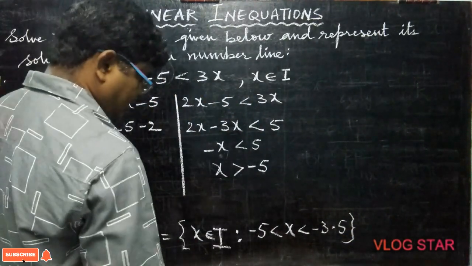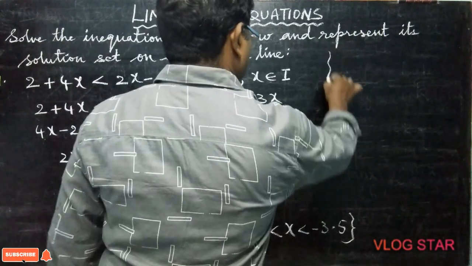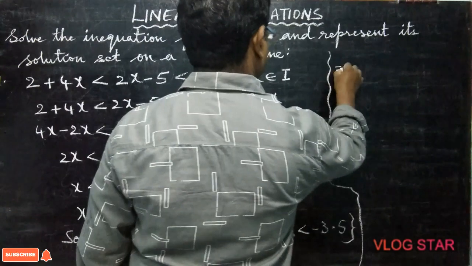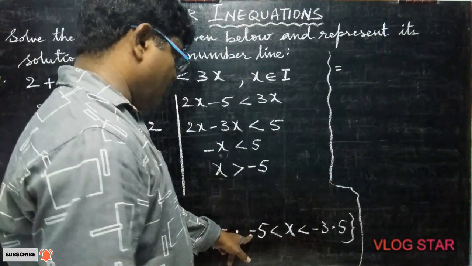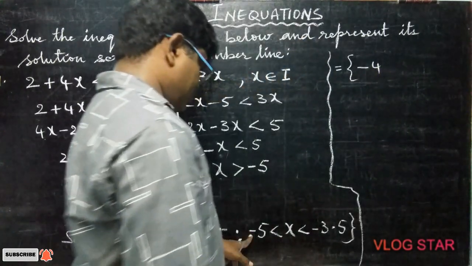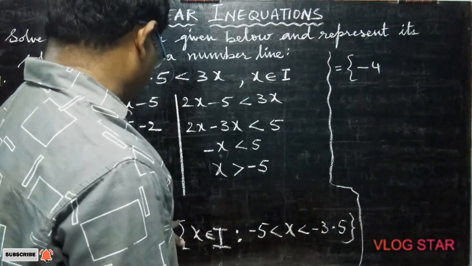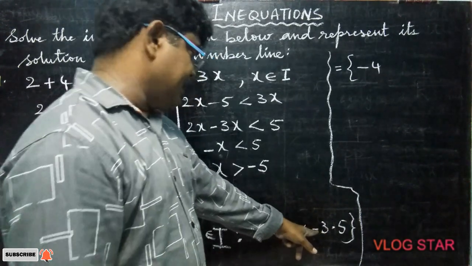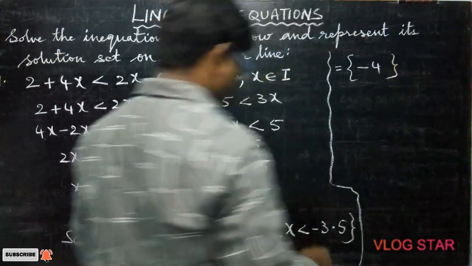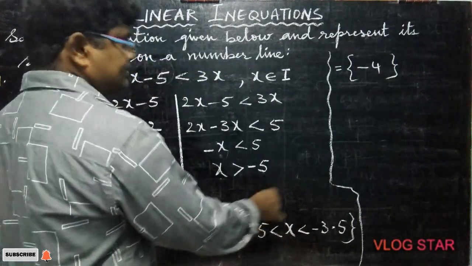x belongs to. Now, what answer will come? That is equal to minus 4, and again what will come? 3.5 is there, so only minus 4 because they are integers.